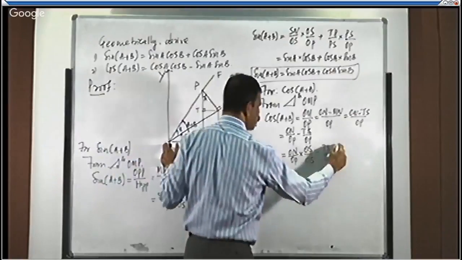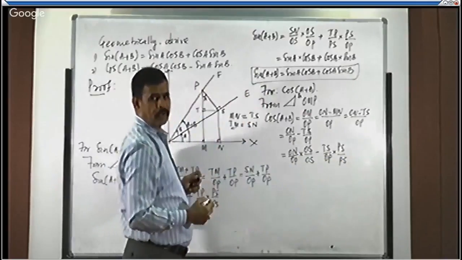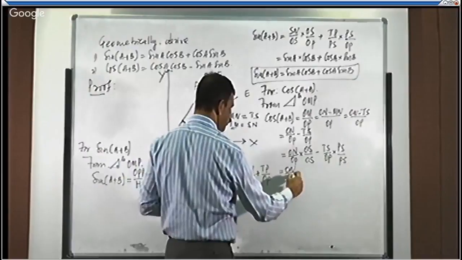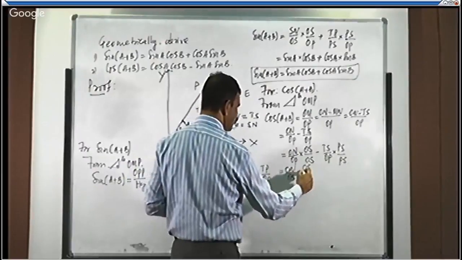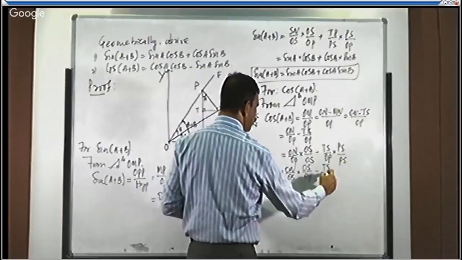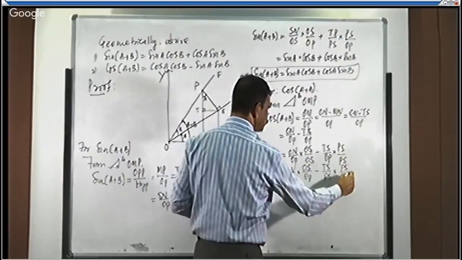Same thing, what we took in sin of A plus B. Got it? Now interchange the denominators. ON divided by OS into OS divided by OP minus TS divided by PS into PS divided by OP.